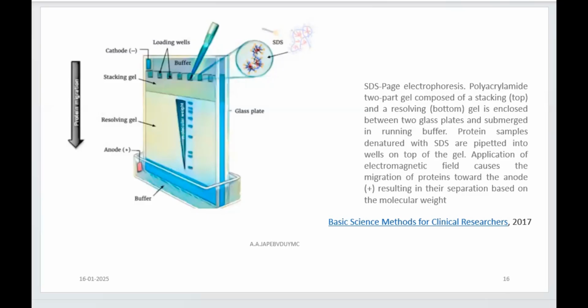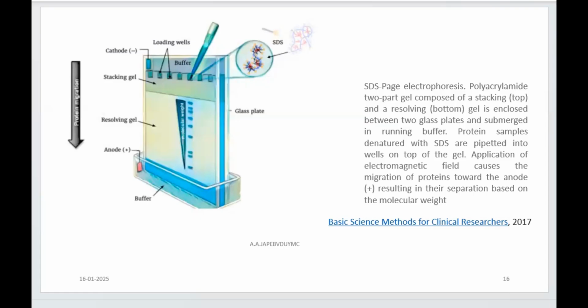Once glycinate is in the running buffer, it will start moving faster, and chloride will be moving slower then. So chloride and glycinate are almost away from the SDS protein now, and the SDS protein components will start moving according to their own mobility. Right? So this is the overview of SDS-PAGE.